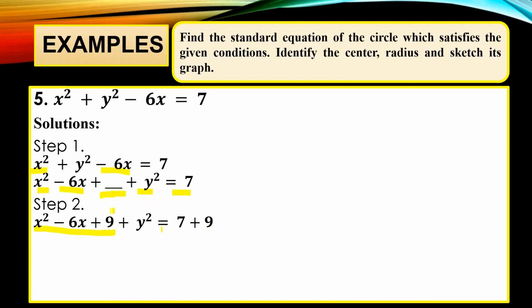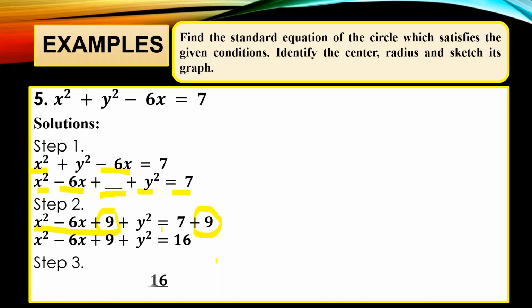Again, we add +9; we also need to add +9 to the other side of the equation in order for the equation to be balanced. So x squared minus 6x plus 9 plus y squared equals 7 plus 9, and 7 plus 9 is 16.